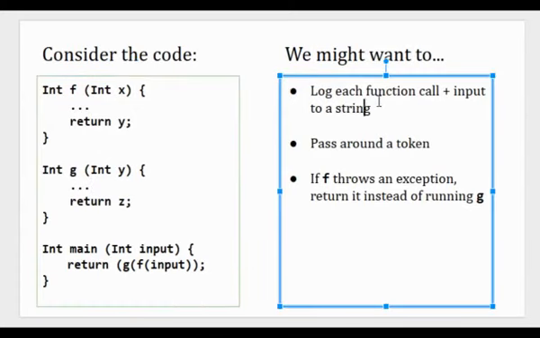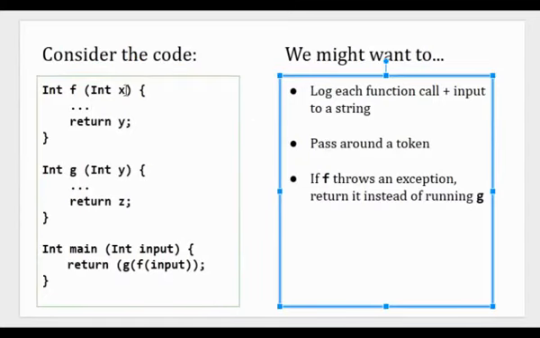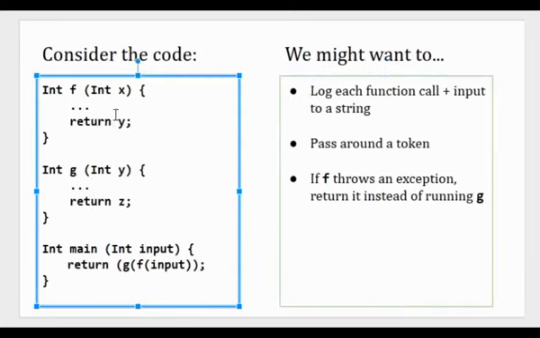For example, you might want to log each function call for debugging purposes. You would write the inputs to a string, or you might print them to the console, or do something like that. Or you might want to pass around a token, threading a token through each of these values, and then having your inputs and your variables kind of depend on the value of the token.